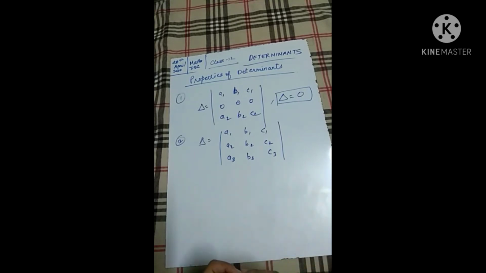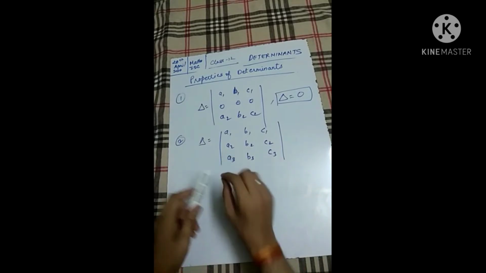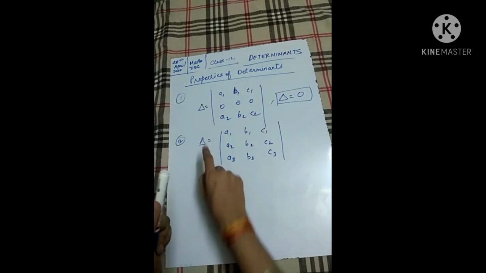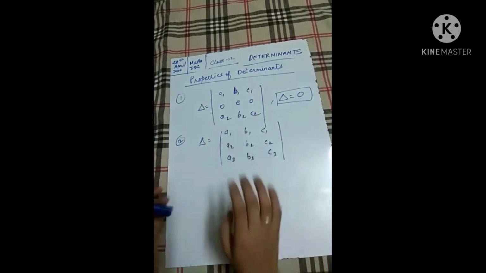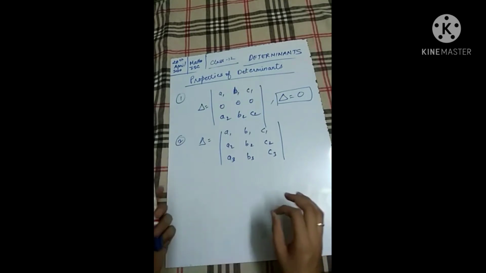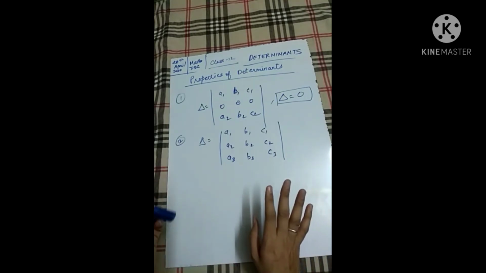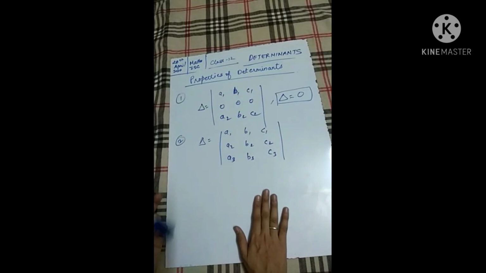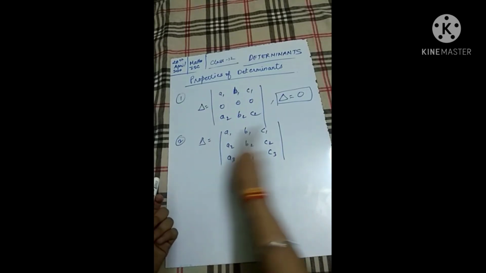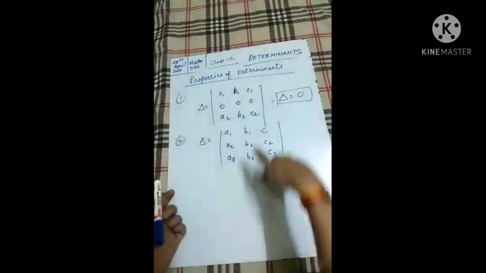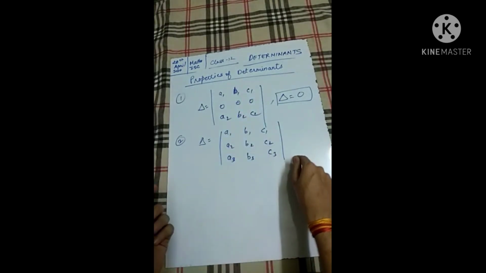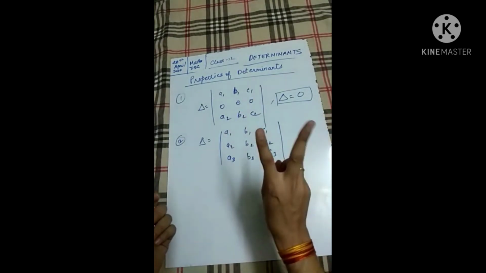This property says that if you find the value of the determinant with respect to any row or any column, the value remains unchanged. So if you expand with respect to r1 r2 r3 or c1 c2 c3, your value of the determinant will be the same. This is the second property.